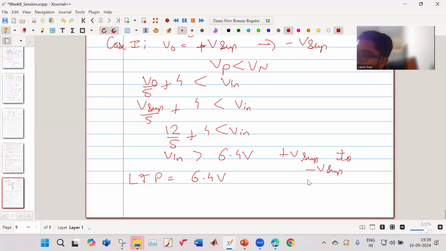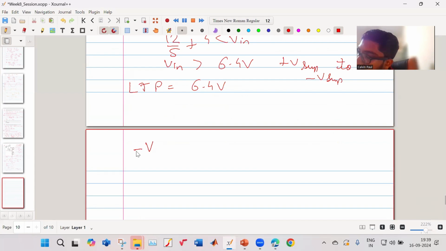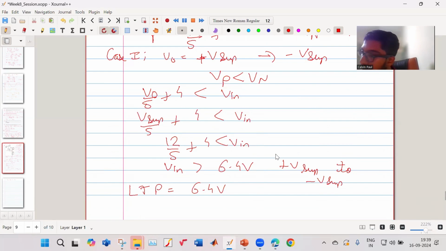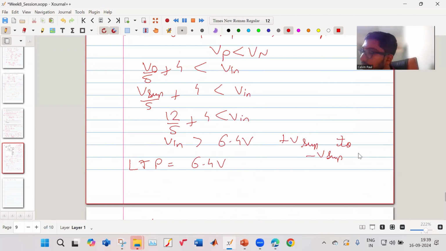Now we will consider the next case. When it goes from minus V supply to plus V supply, in that case, what do we want? In that case, we want my VP to be greater than VN. So what is my VP?